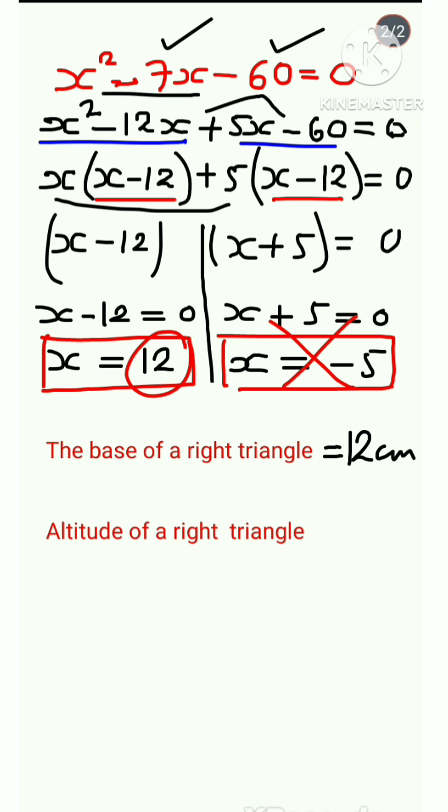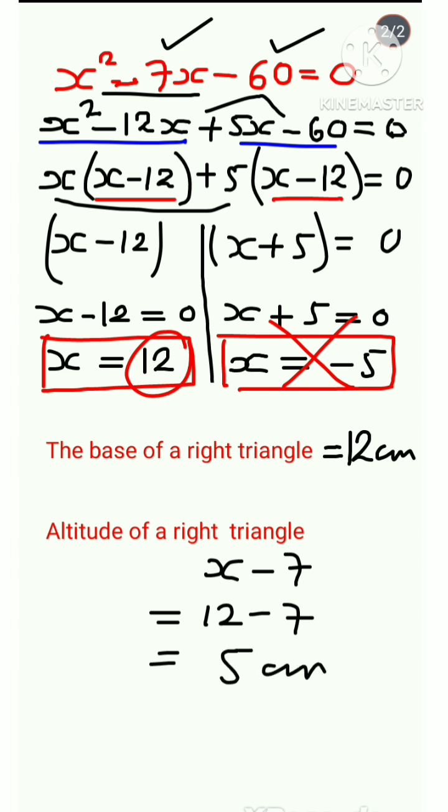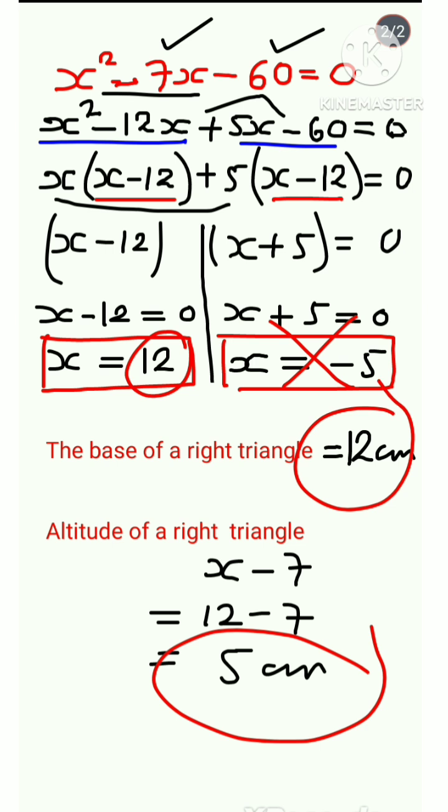Similarly, the altitude of the right triangle, we had assumed x minus 7. Now just put the value of x, 12 minus 7, then the altitude of the right triangle will be 5 centimeter. This is our final answer.